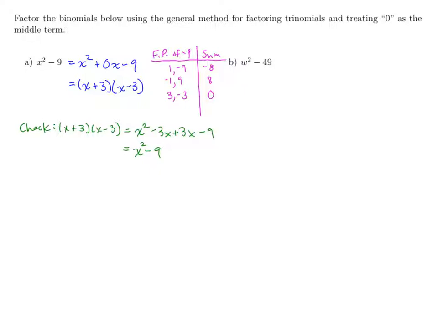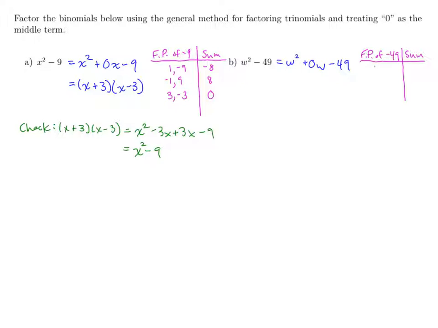So we have w squared minus 49, and again, breaking this down so that we're thinking of it as a trinomial with a middle term of 0, we could write this as w squared plus 0w minus 49. And then looking at factor pairs here, so we'll make factor pairs of negative 49, and then we'll look for a sum of 0.